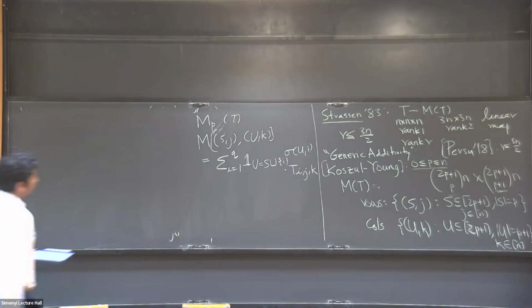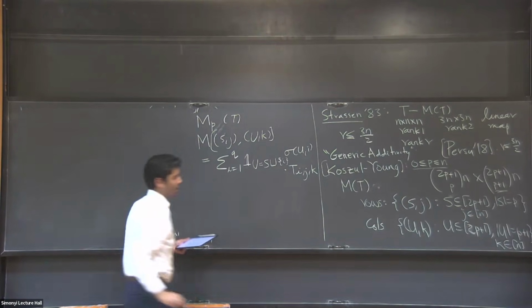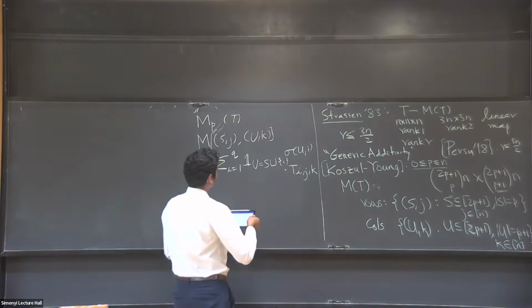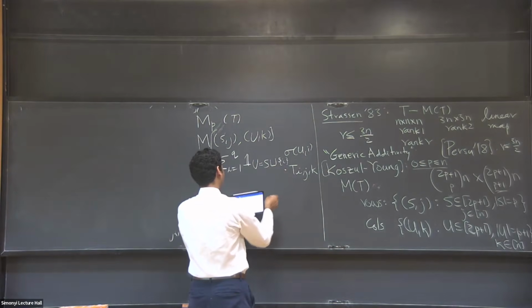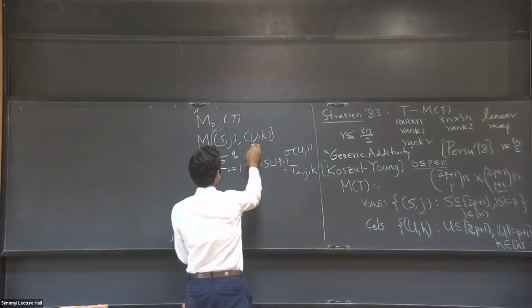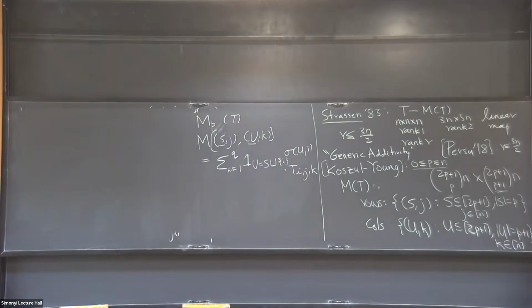Okay, so I'm going to describe the entry at S comma J and U comma K. The entry only has a non-zero component if S and U have a symmetric difference of exactly 1.